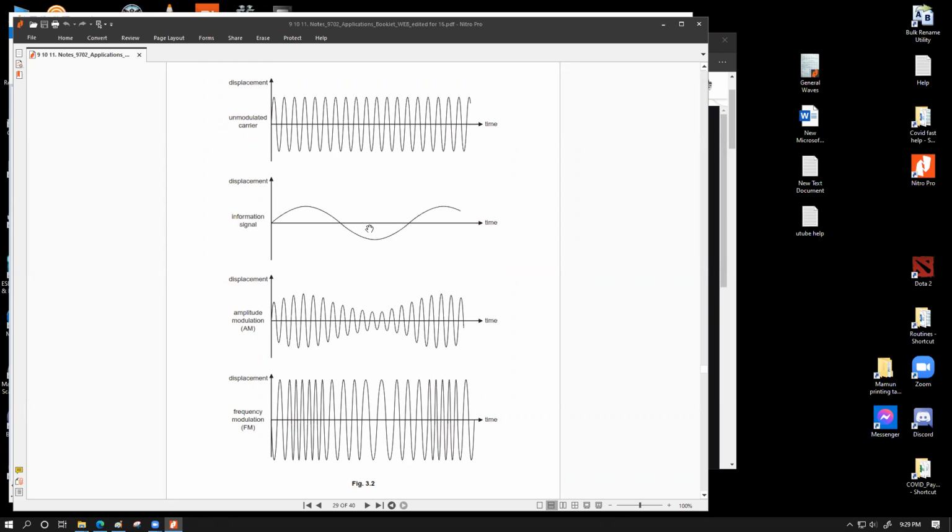You can see, when the information signal reaches the trough, the very lowest point, the amplitude of the modulated signal is the lowest, but not 0. When the information signal is at its crest, here or here, the amplitude of the modulated signal is highest.